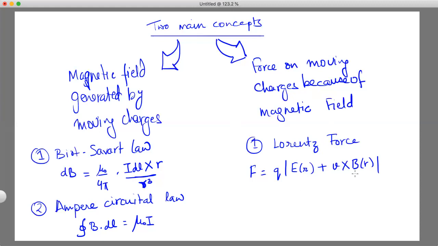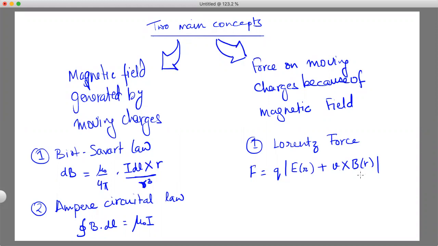So you can see that the magnetic force is a cross product, which means that it is orthogonal. V and B have to be orthogonal, and if they are not, then we only consider the orthogonal component, and then the resultant force is orthogonal to both of them.